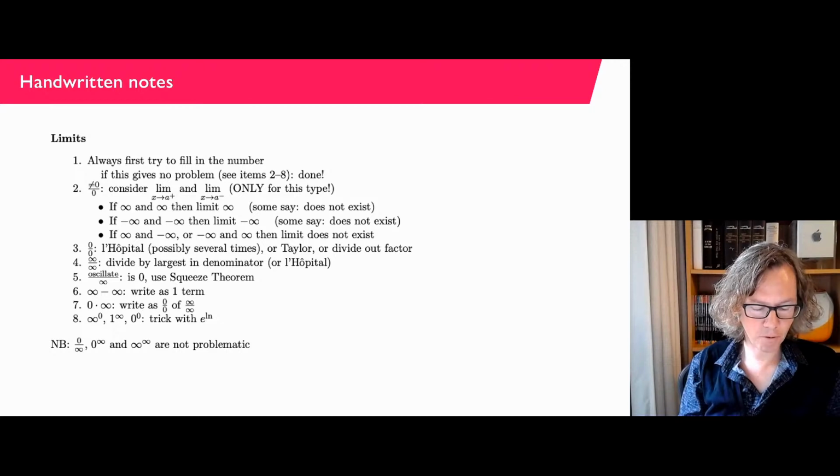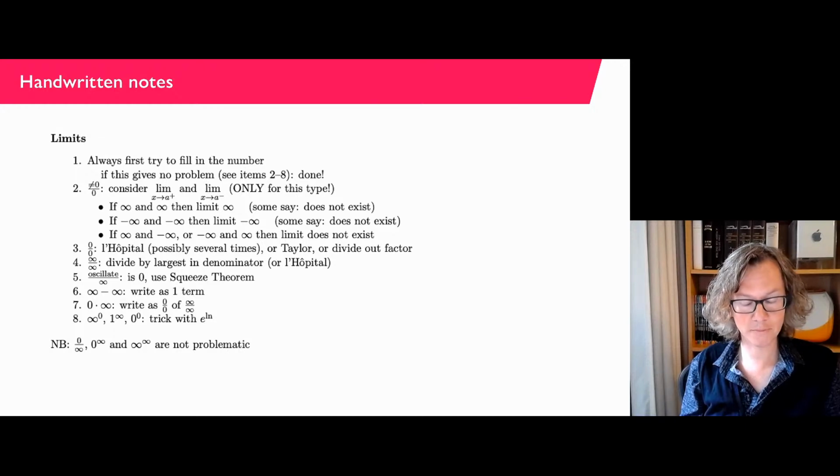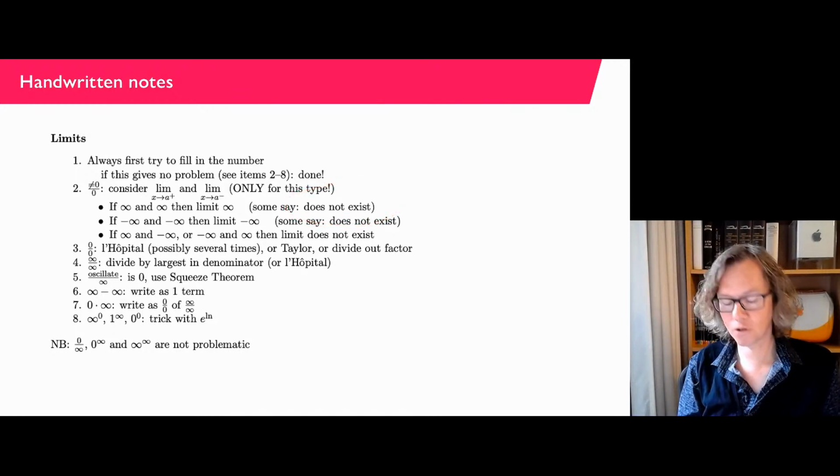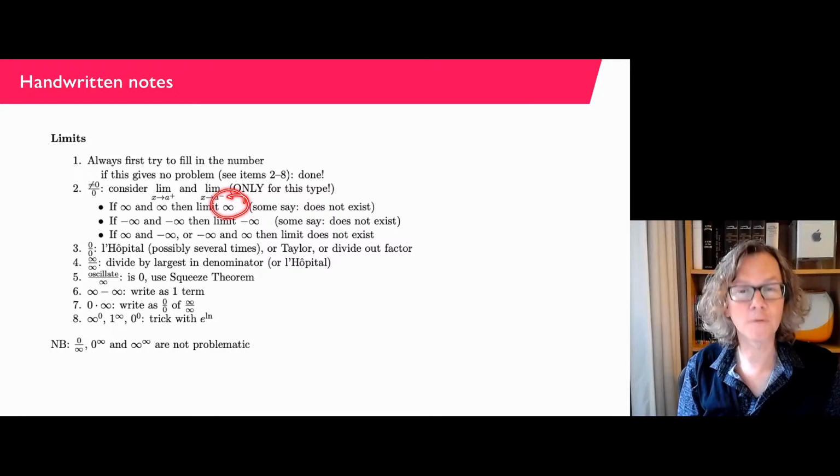And if both of these are infinity, then the limit is infinity. And as you can see, for Calculus Variant 2, they use a different textbook. So there you could already have that. They say that the limit does not exist or does exist or whatever. So our textbook says the limit does not exist. And as a bit of additional information, we find that the limit goes to infinity.